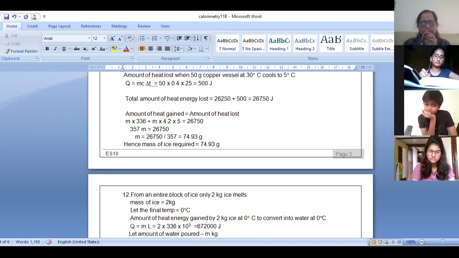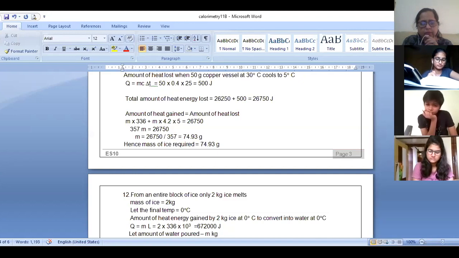You have to find out the final temperature when it melts. When ice melts, obviously the temperature will be 0 degrees Celsius. So the final temperature will be 0. You are going to pour some water. You have to find the mass of the water that is poured. The temperature of the boiling water is 100 degrees Celsius.